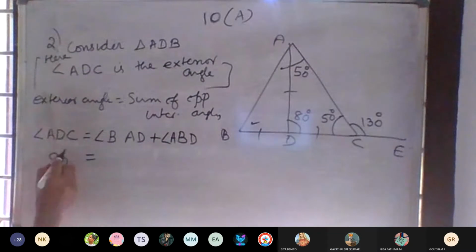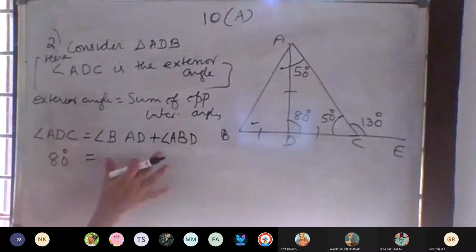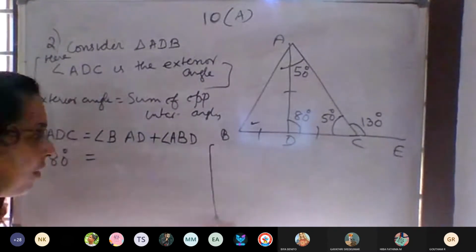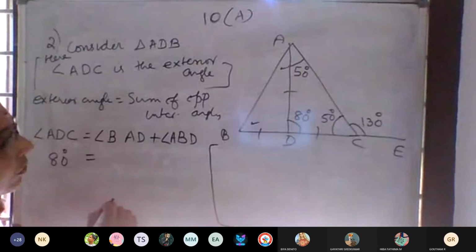Angle ADC we have as 80 degrees. But we can't write anything more. So what do we have to write here?